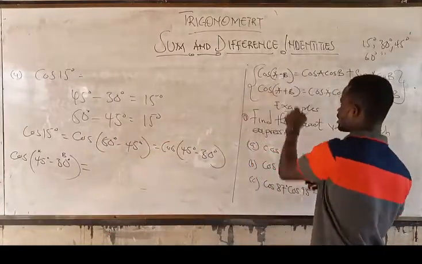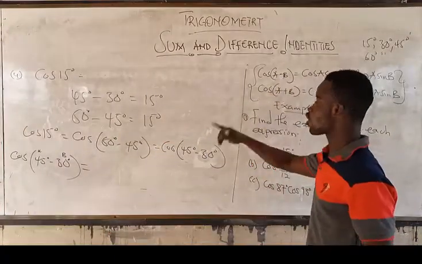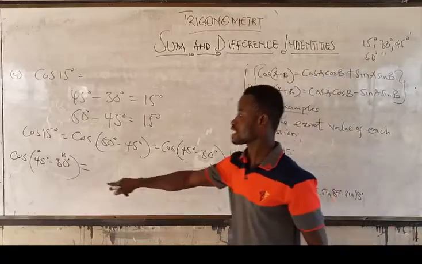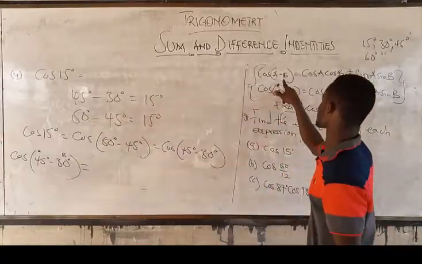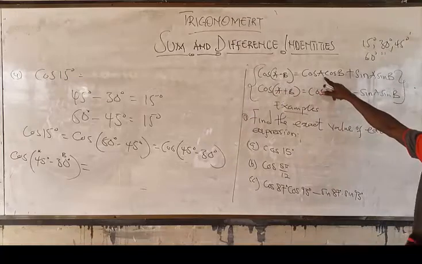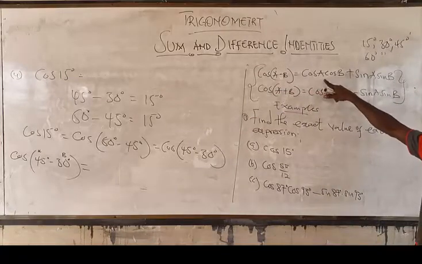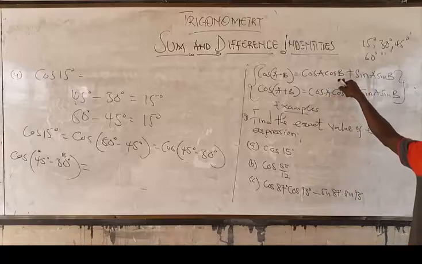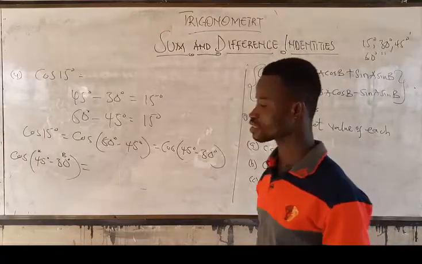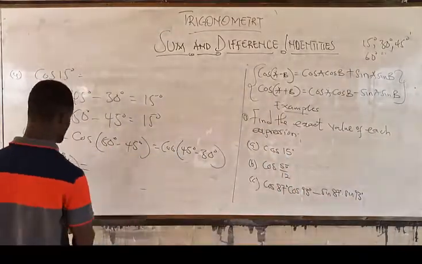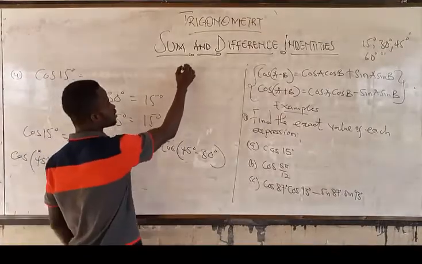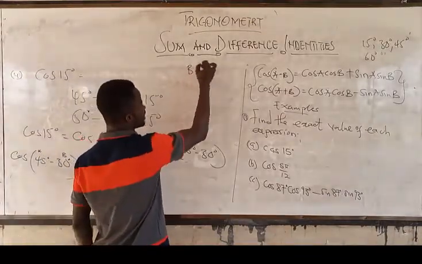So we link up to this. Note that here it is A minus B. You don't go for A plus B because the sign here is minus. So we are going to do substitution. Wherever you see A, put 45 there. Wherever you see B, put 30 there. And don't forget that B is less than A, always.